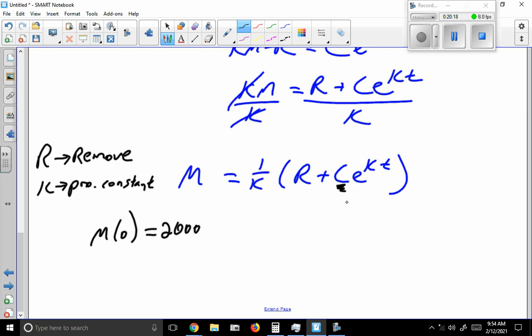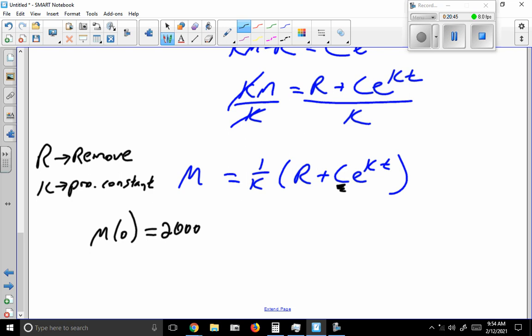Then when we substituted a 0 in for time, we would get a 1 for this, which would leave us C. R is something that we would be given, but we would still have a k out front. So we would have a c and a k still in that equation. So we would have two different unknowns there. And to find two different unknowns, you have to have two equations.